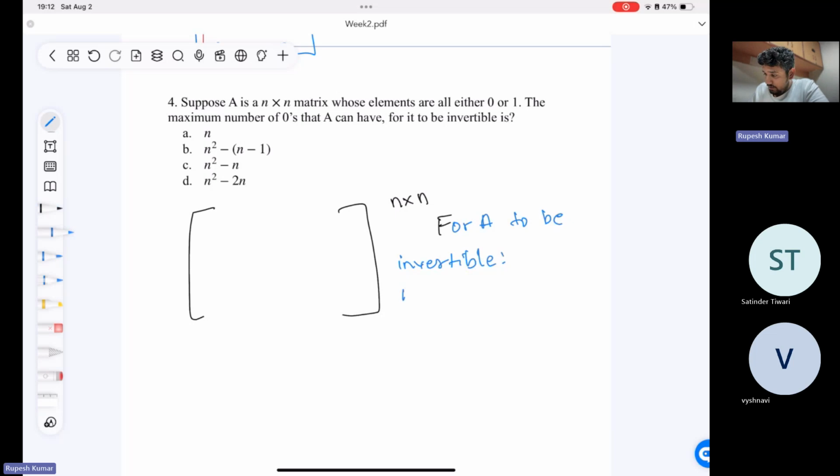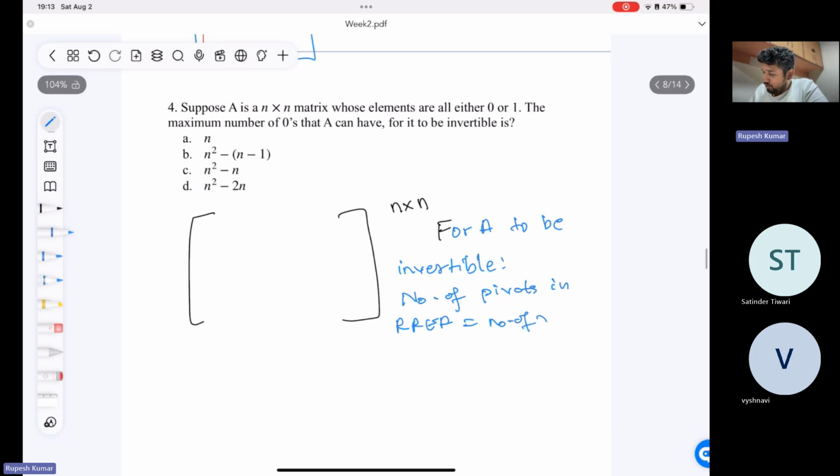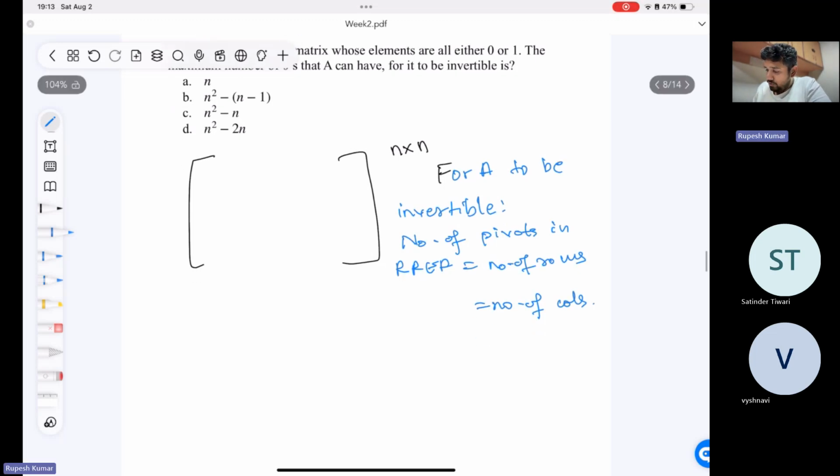A is a square matrix, then the number of pivots in RREF is equal to the number of rows, which is equal to the number of columns, right? So we need at least n rows with pivots.